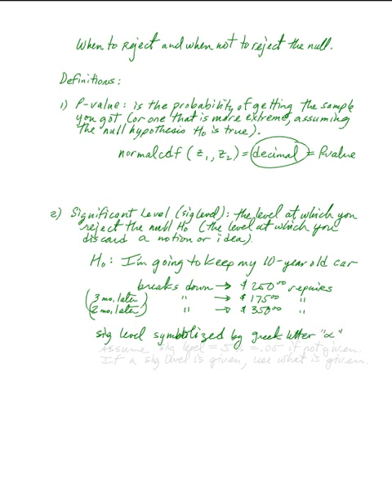And in statistics, you assume that the significant level is 5%, or 0.05 in decimal form, if not given. If it is given, then use whatever was given.